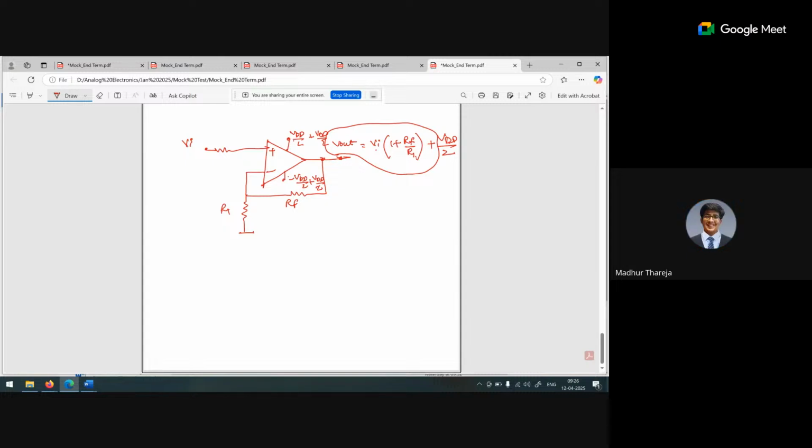If it is not connected to any particular point, it will be added the VDD by 2. Okay. Now the second case is that if we use one more battery here, that is the VI VDD by 2, positive, negative terminal, grounded.